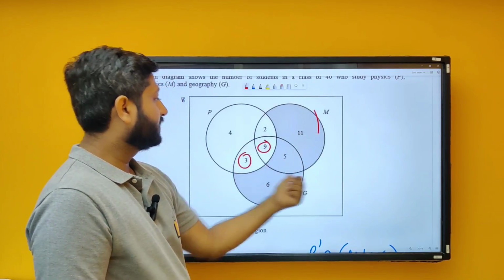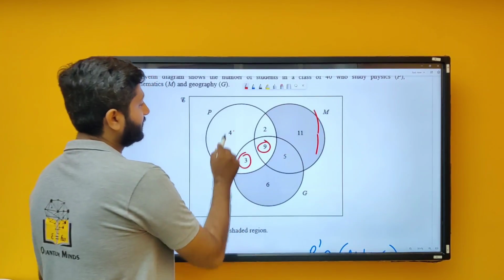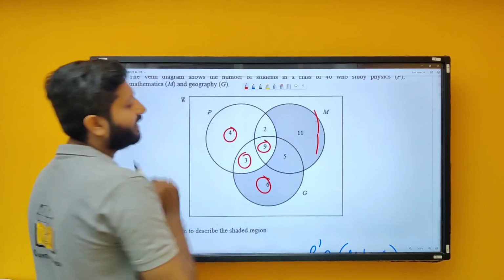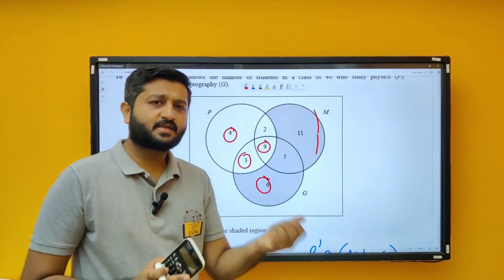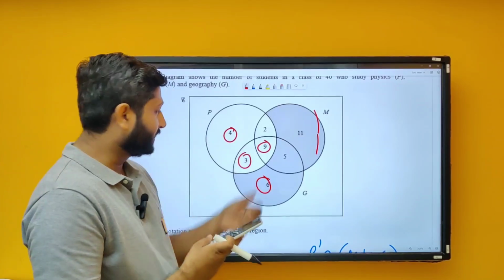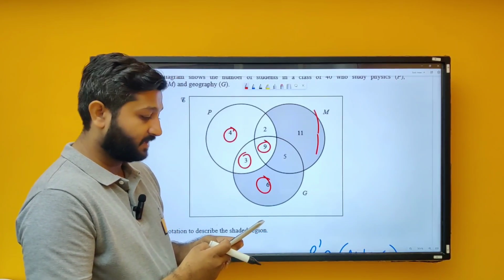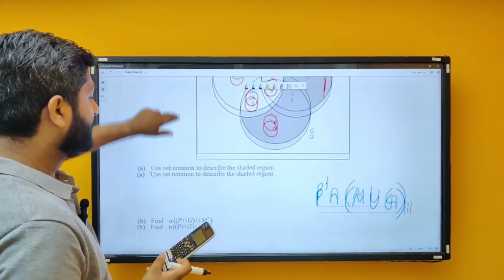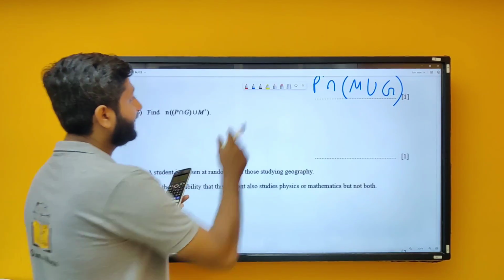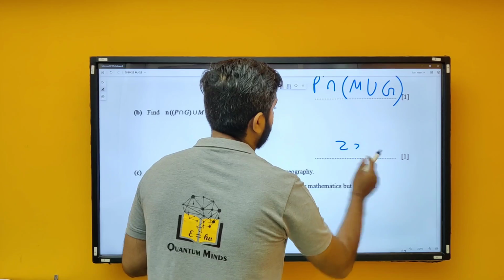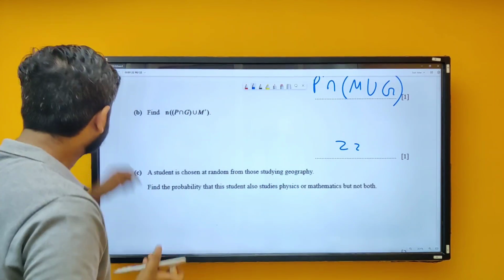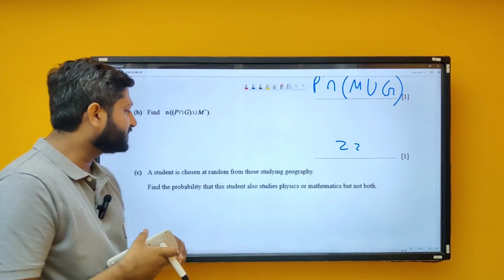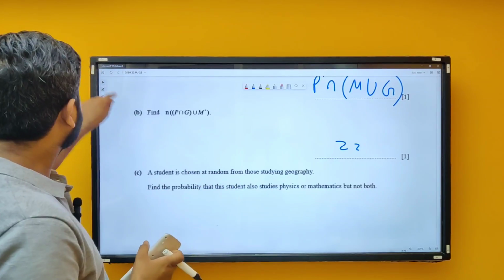So M dash means I'll have to add this, and I'll also have to consider this. Now as it is a union, I have to add all the elements. So 4 plus 3 plus 9 plus 6, which is 22. So the final answer is the number of elements, 22.